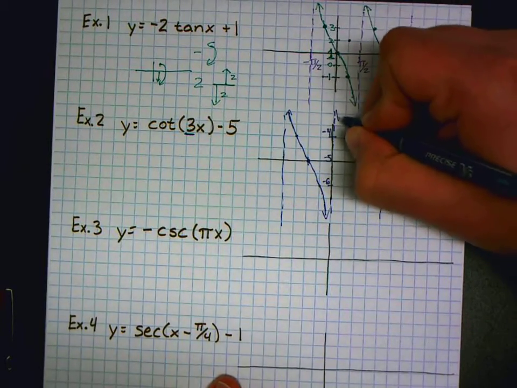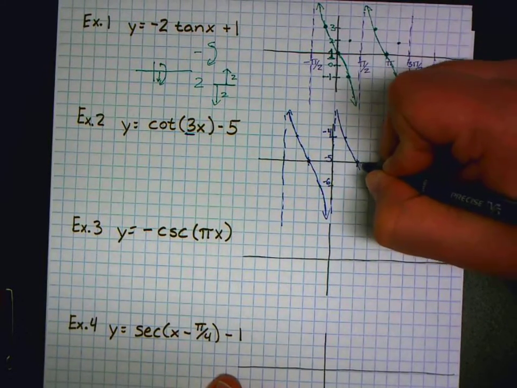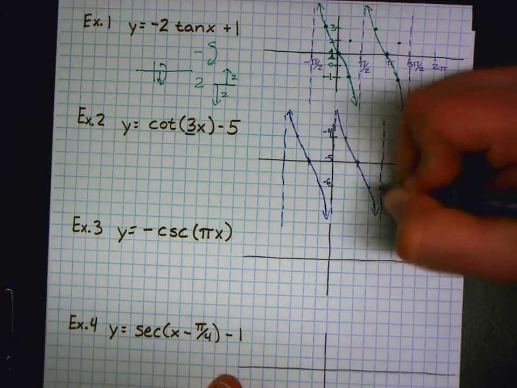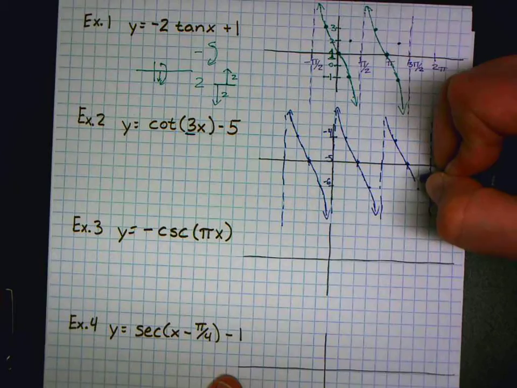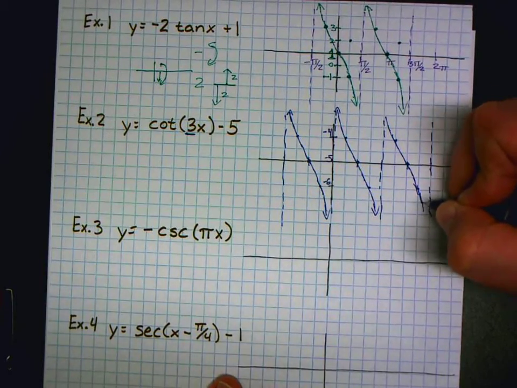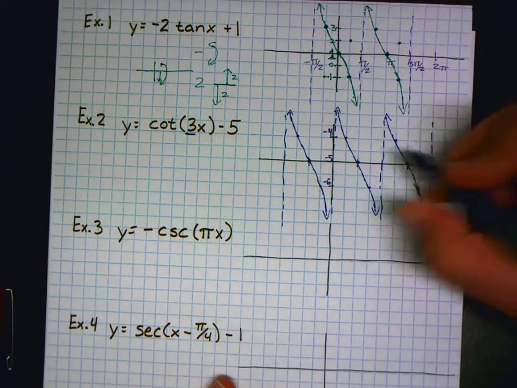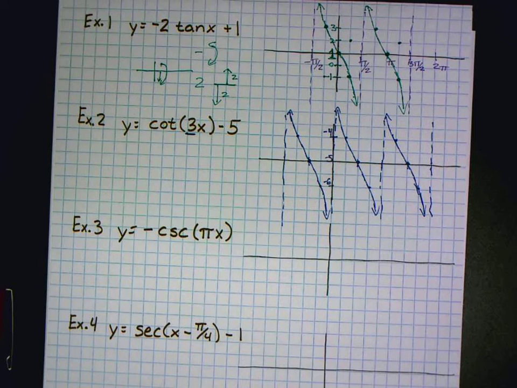Now I can do all this because the only thing that changed is the period. The period does not affect any of this. It affects my spacing, which is how my marks are labeled. So I just need to go back in and relabel my marks.